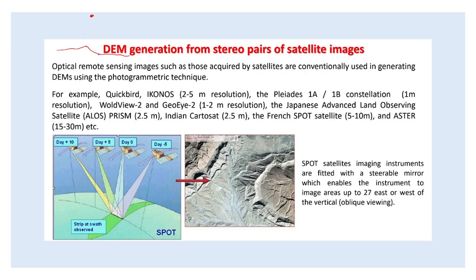That is not possible from an overhead image. But if I take an image from this side, or from the other side, then I understand that this region is not flat, rather it has some kind of elevation. That way you can use stereo pairs in order to generate the digital elevation models.